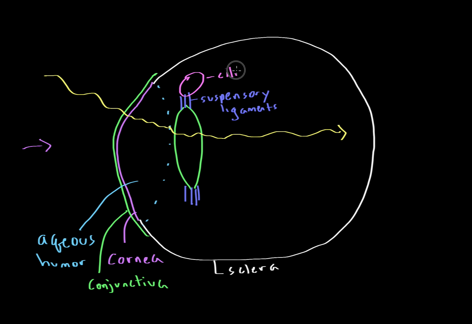So ciliary muscle, and it's on both sides of the lens. The ciliary muscle and the suspensory ligaments change the shape of the lens, and they form this bigger structure known as the ciliary body, which also secretes this aqueous humor over here. So the cornea bends the light, and the lens bends it a little bit further.